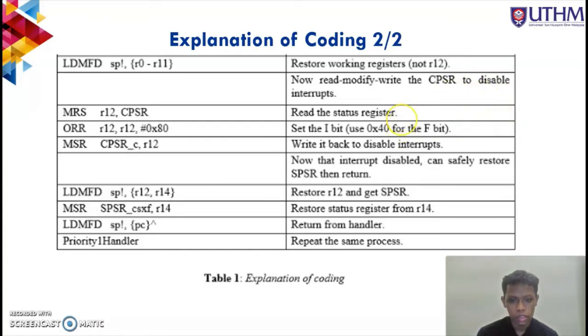And then MRS, read the status register, set the I bit, write it back to disable interrupts. Now that interrupts are disabled, we can safely restore the SPSR, then return. And then restore R12 and get the SPSR, restore the status register from R14, return from the handler, and then repeat the same process.